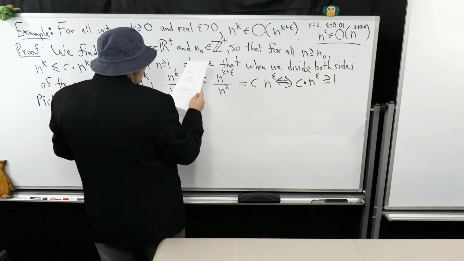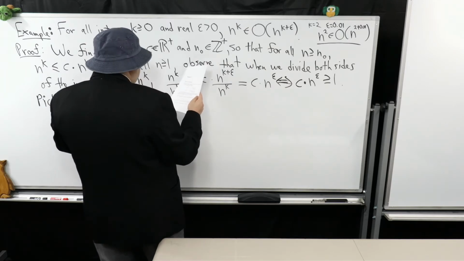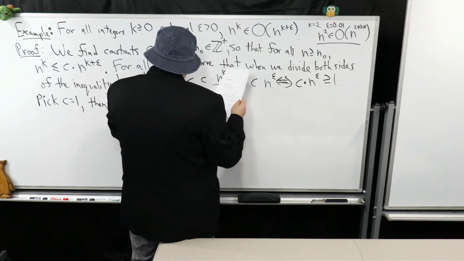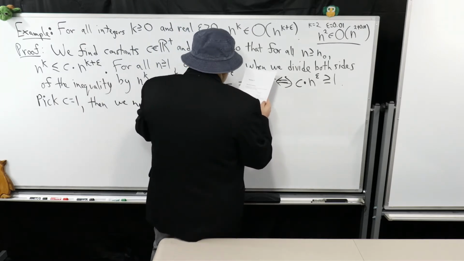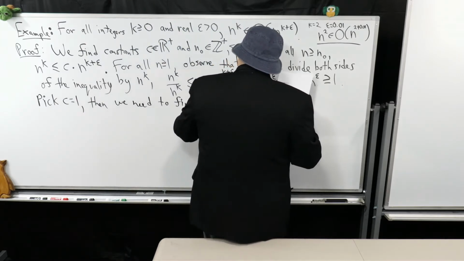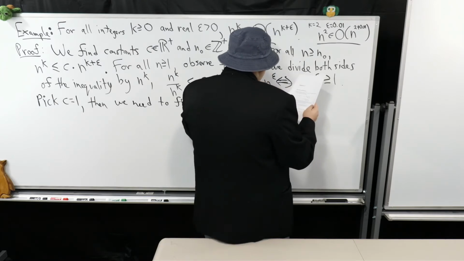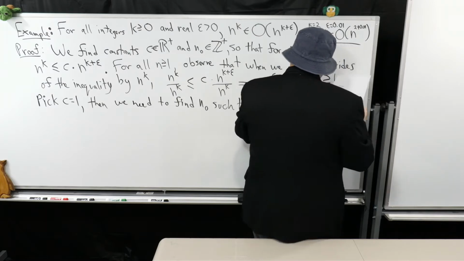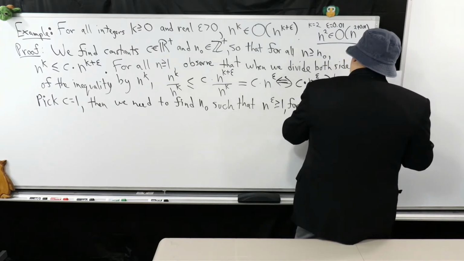So pick C equal to 1. Then we need to find n0 such that n to the power of epsilon is greater or equal to 1 for all n greater or equal to n0.